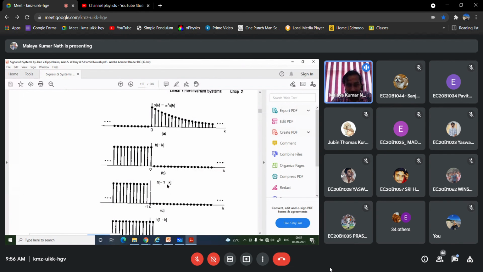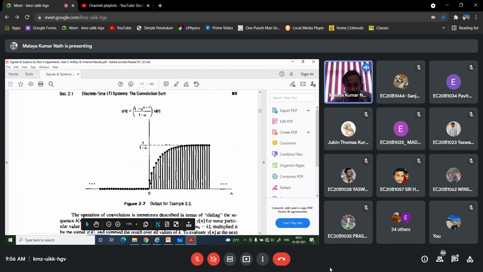So at n equal to 0, this value is equal to 1. As n gradually increases, it will increase, and at a certain value of n it will become constant. It will not increase, so there will not be much difference. It will almost saturate. You got my point. So this is how y of n is varying.